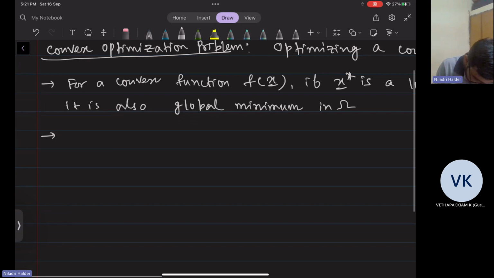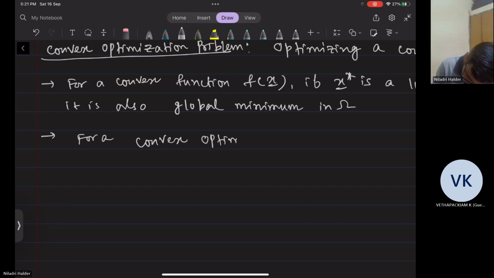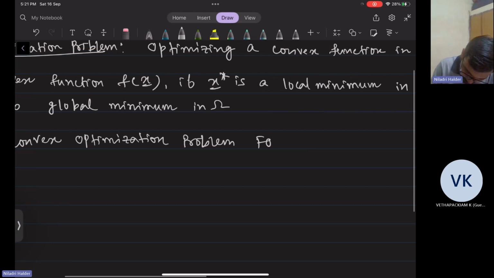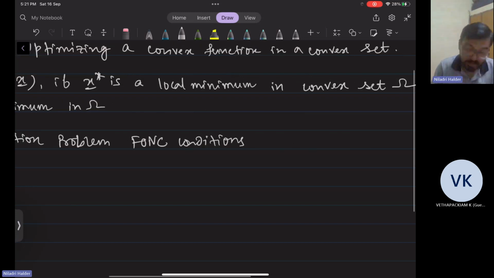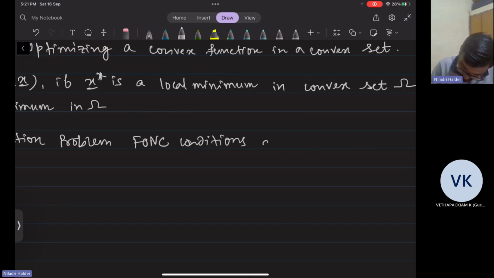And the second one is, for a convex optimization problem, FONC, the first order necessary conditions, are sufficient.